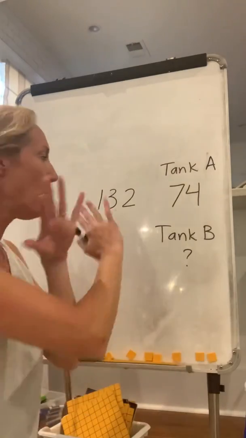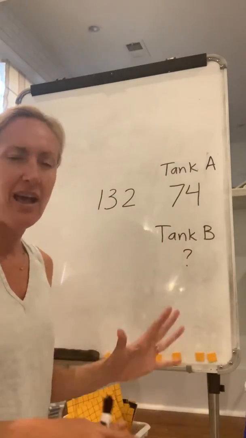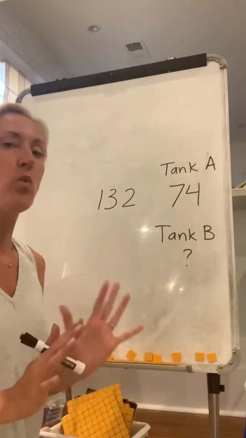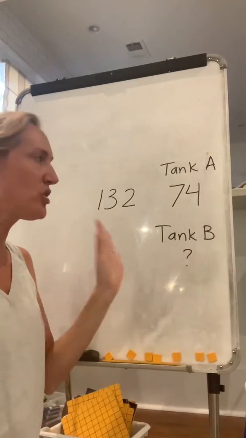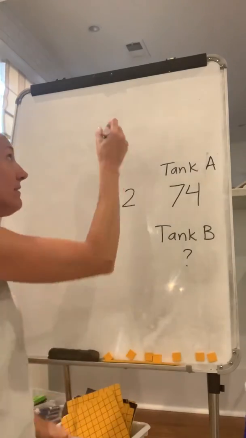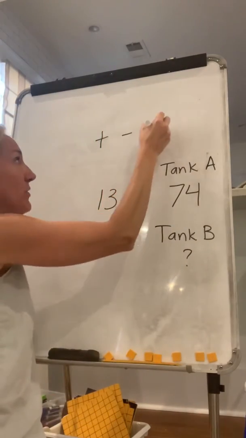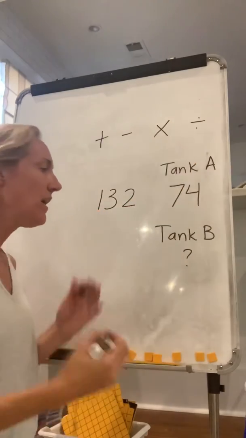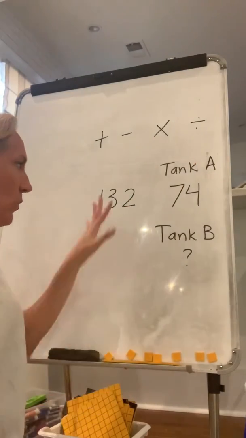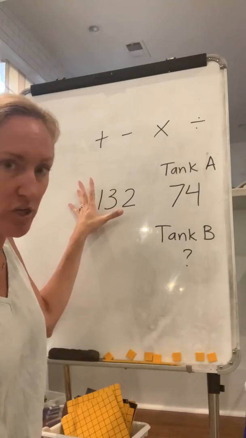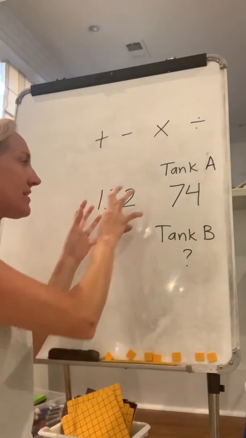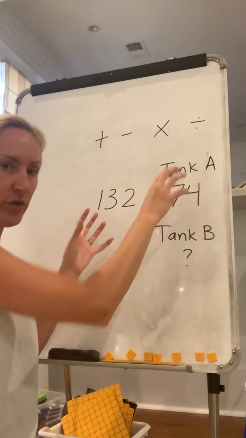All right, before we try to figure out the answer, I'm not as worried about your answers right now. I'm thinking about how are you figuring it out? So let's start with, are we adding, subtracting, multiplying, or dividing? Well, we started with 132 fish, and we put some of them over here.